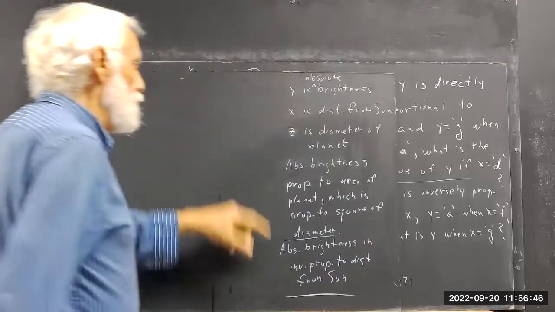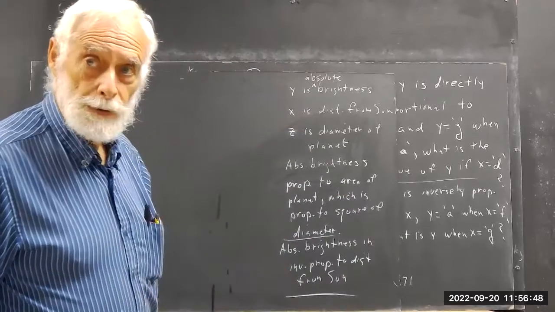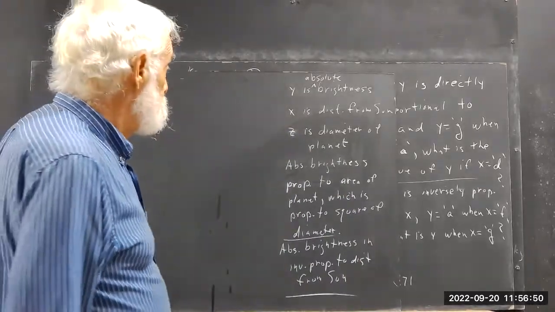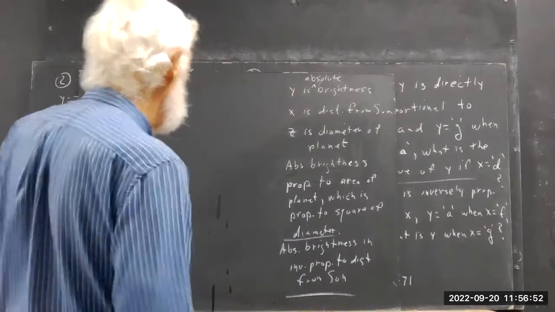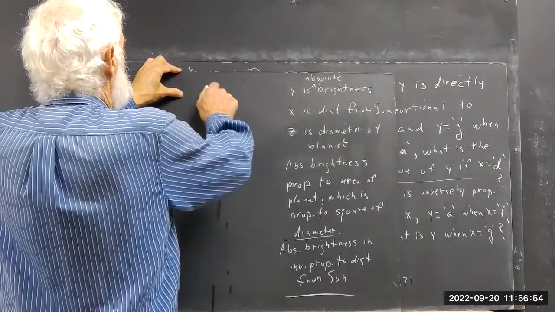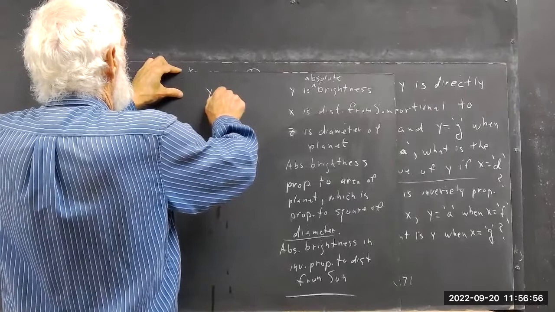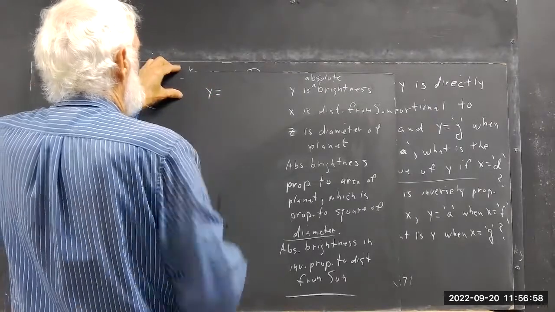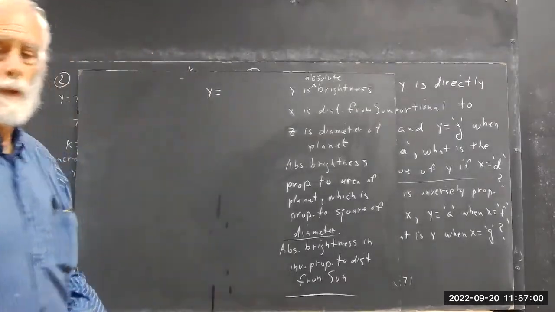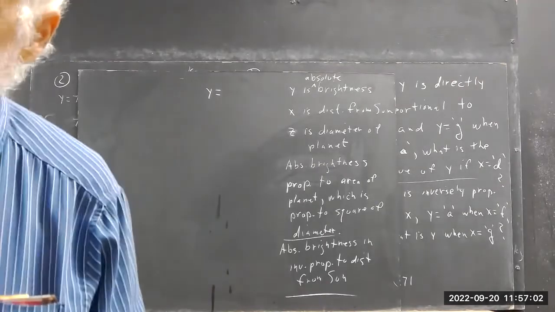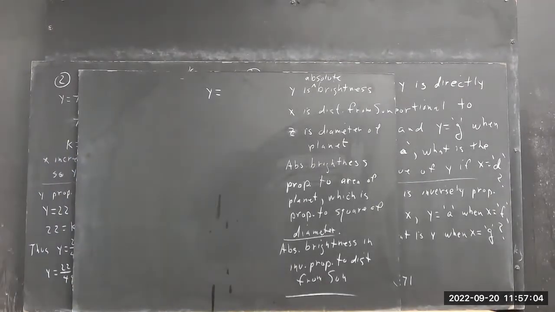Absolute brightness is inversely proportional to distance from the sun. So y equals what? Can you write out the proportionality equation for this much of the analysis? There's more to it to get the final answer, but this is enough to illustrate a couple of important things.